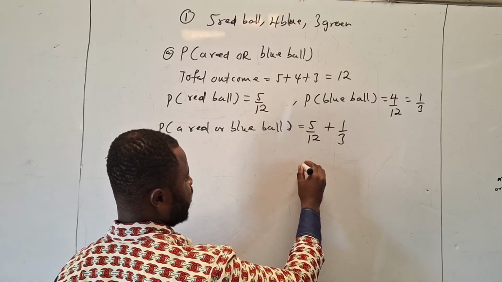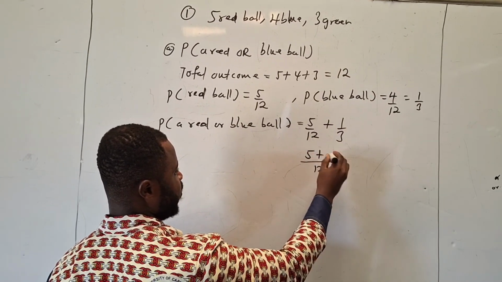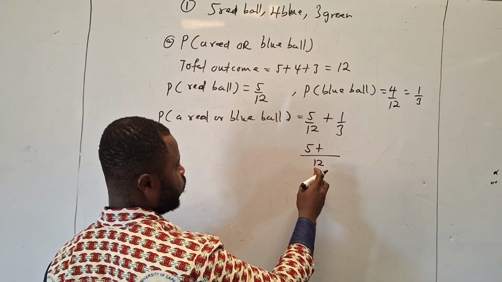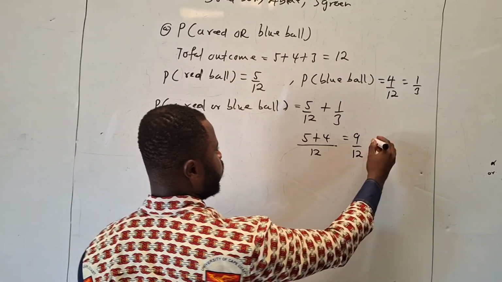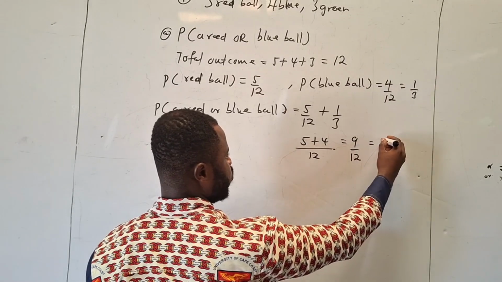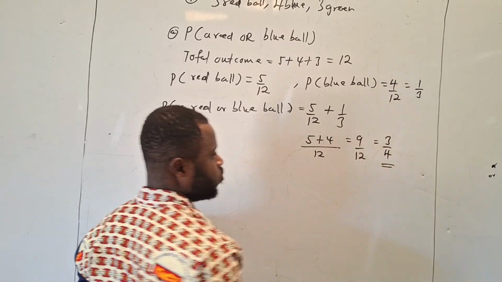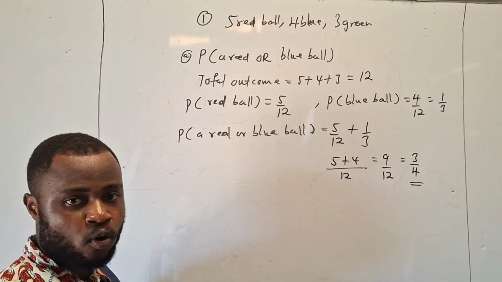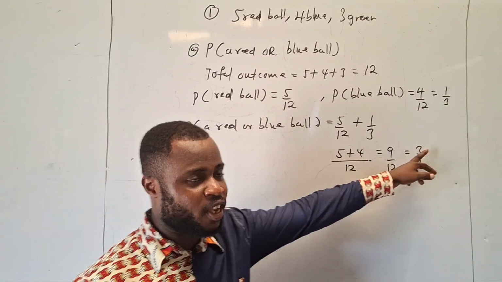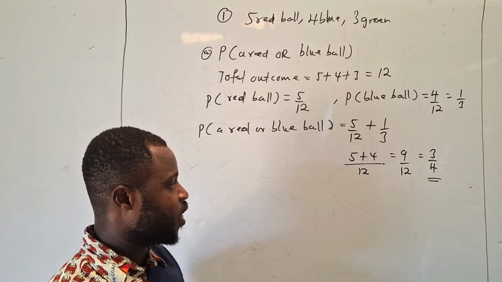Now the LCM here is going to be 12. 12 will divide 12, 1 times 5, 5. 3 will divide 12, 4, 4 times 1, 4. So you are going to get 9 on 12. For which when you simplify, use 3. So we get 3 out of 4. So probability of obtaining a red or a blue ball is going to be 3 out of 4.